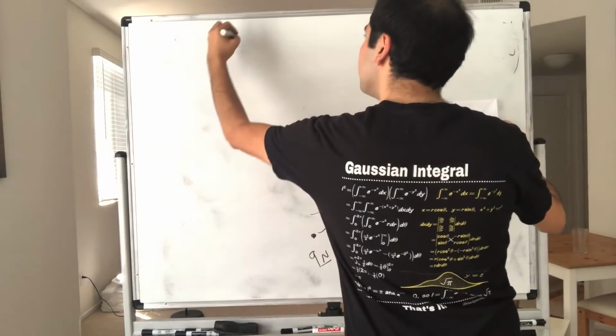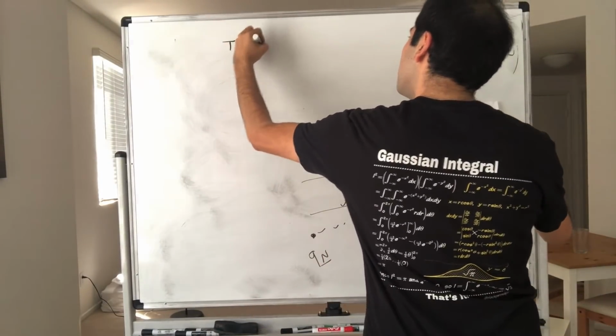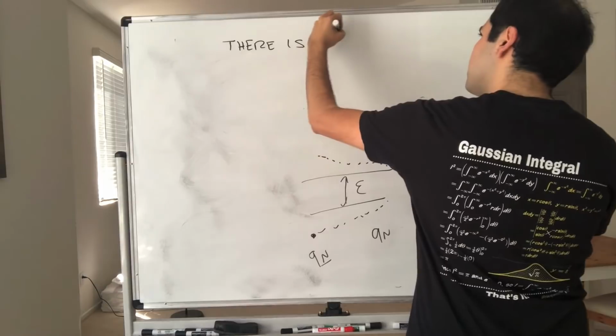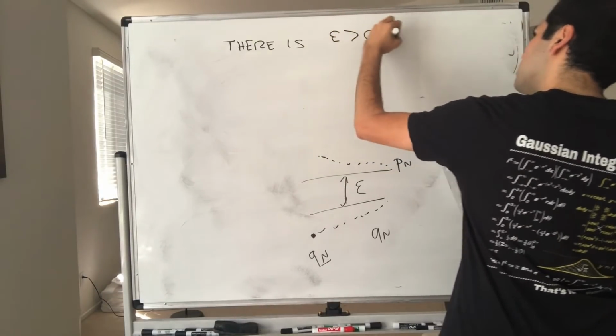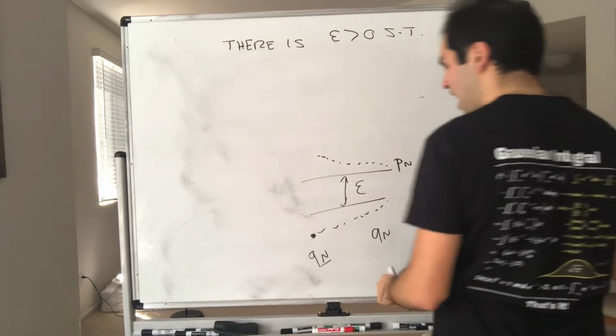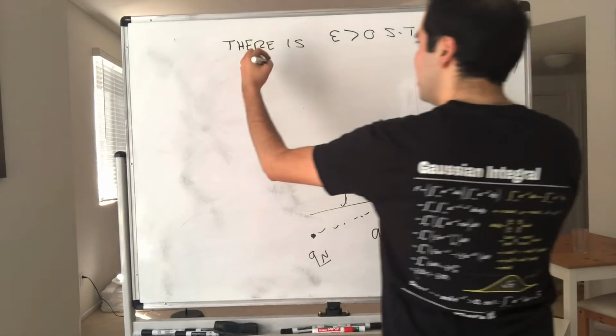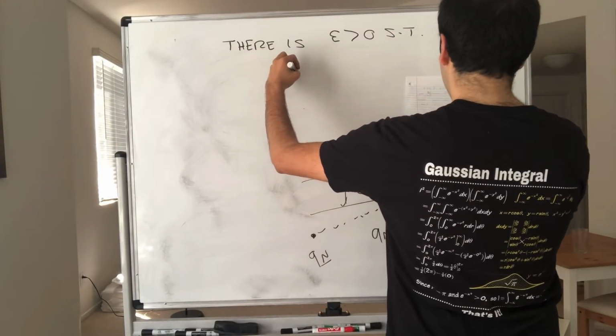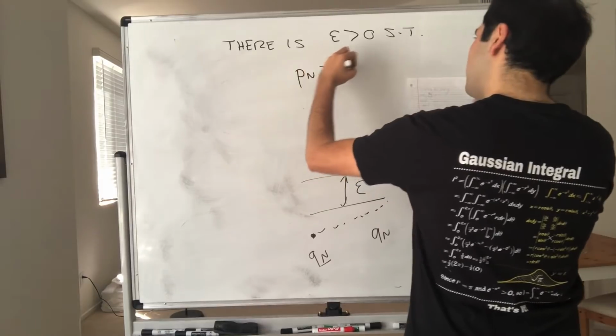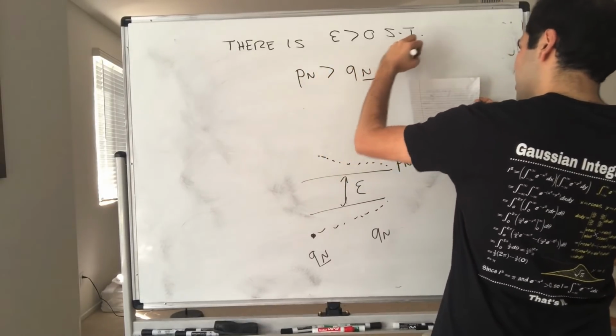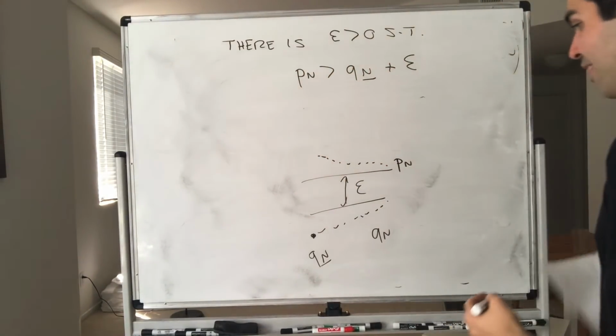So there is epsilon such that for all n bigger than capital N, we have that Pn is bigger than Q capital N plus epsilon. But then what does that mean?